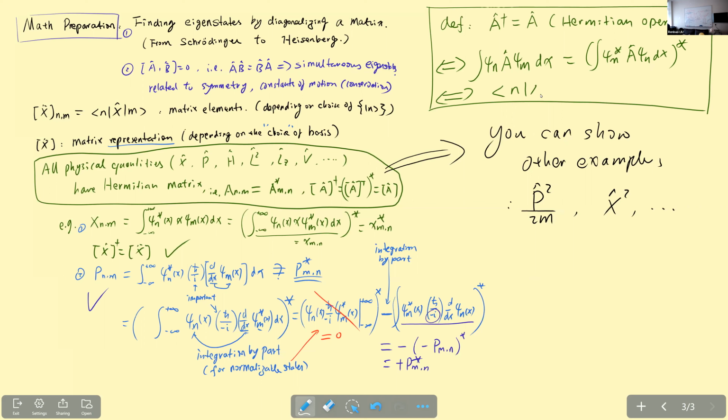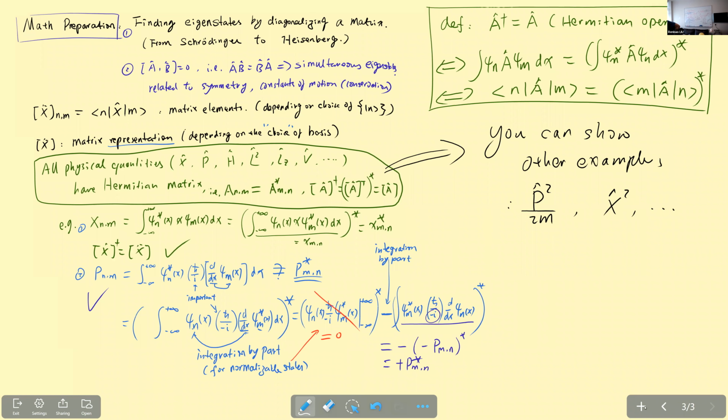We say that A equals to A dagger, the complex conjugate, okay? Right, for any functions ψ_n and ψ_m, as long as they are normalizable, okay? Right, so this is the first thing that we're going to do, okay?